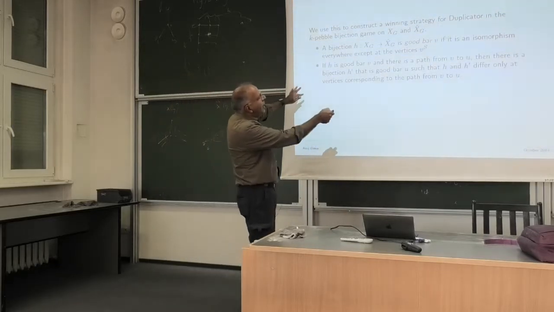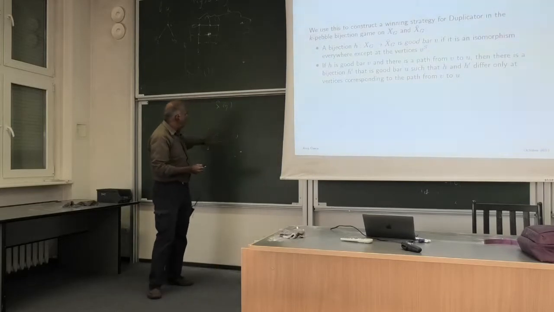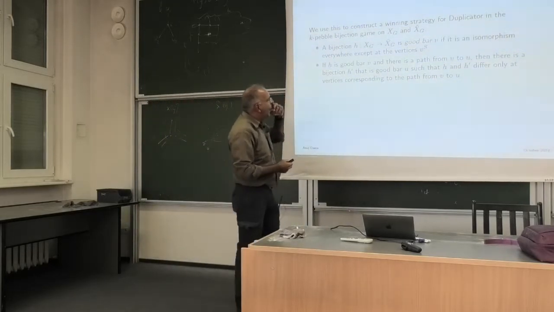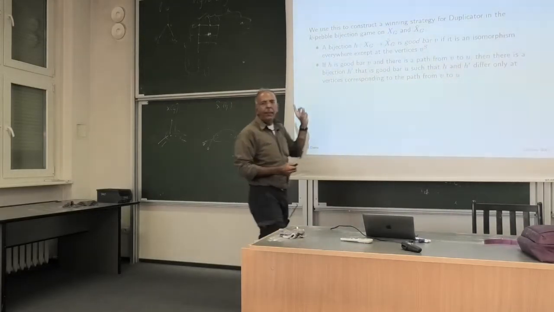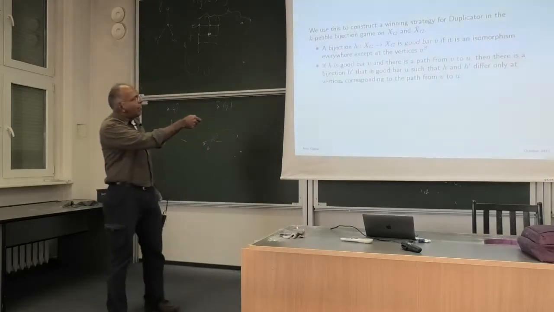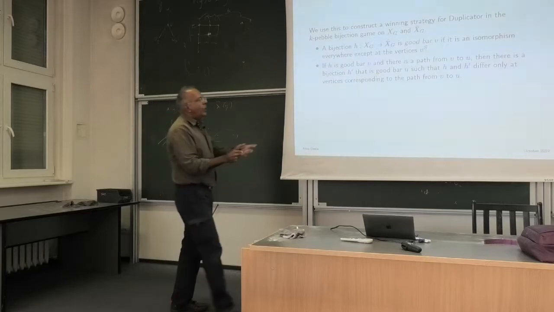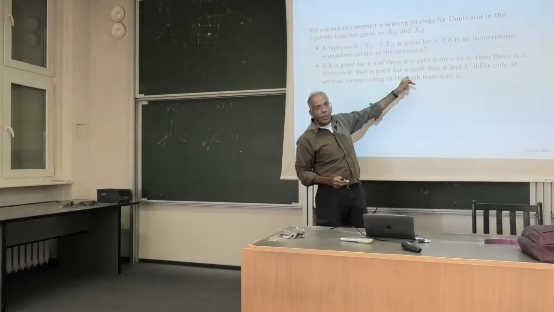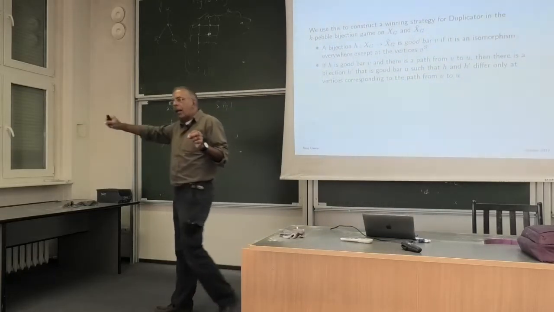So a bijection is good except at a vertex V if it's an isomorphism everywhere except the vertices corresponding to V. And now the point is that if there is a path from V to U in the original graph G, then for any bijection, you can come up with a new bijection which is good everywhere except at U now, instead of V, and you change the bijection only along the path from V to U.